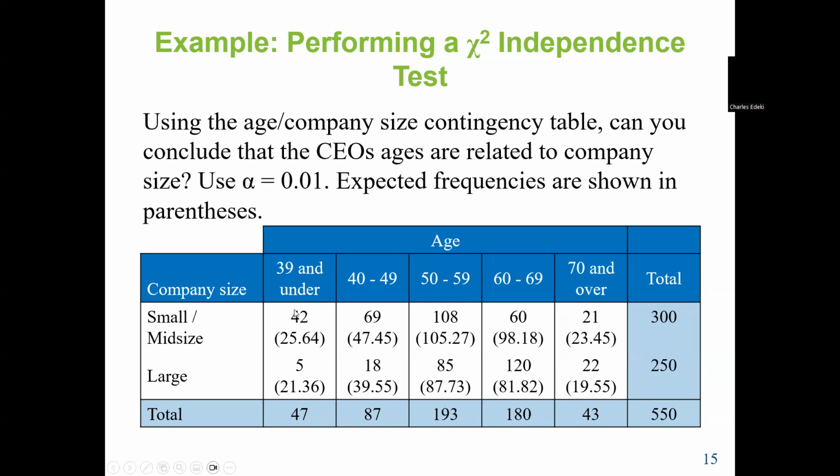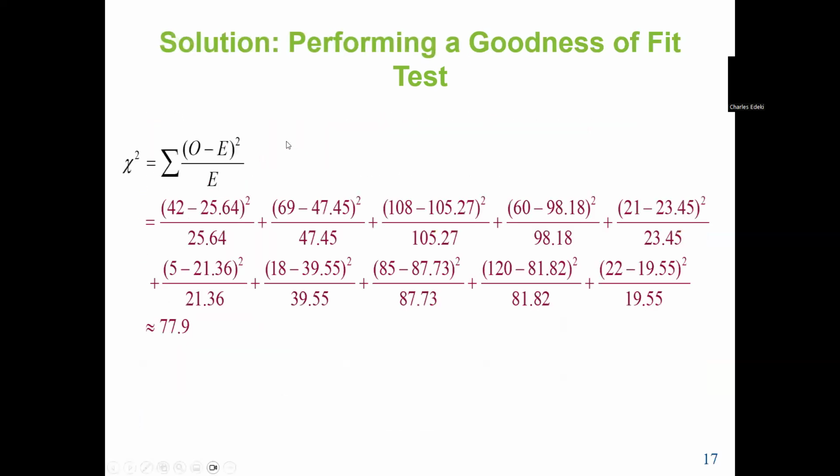It's the same because we are going to square it. If the answer is negative, when we square it, it is positive. If the answer is positive, when we square it, it is positive. So the difference of 42 and 25.64 squared divided by the expected 25.64. Then the second column, first row: the difference of 69 and 47.45, squared, divided by the expected, which is 47.45. And we keep going. We have 10 cells, so we have 10 values here.